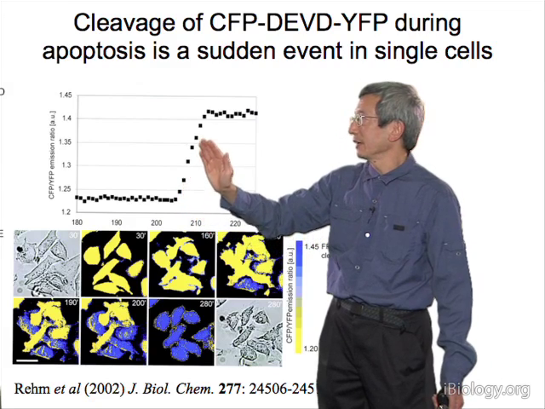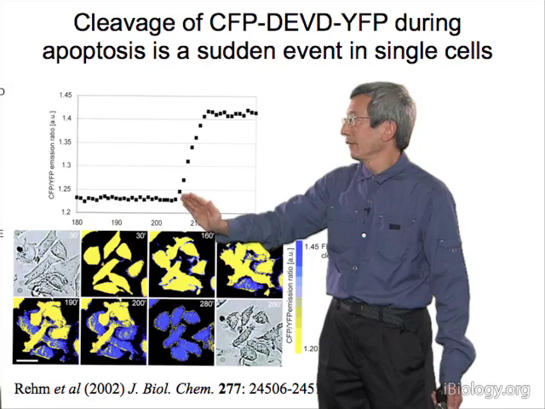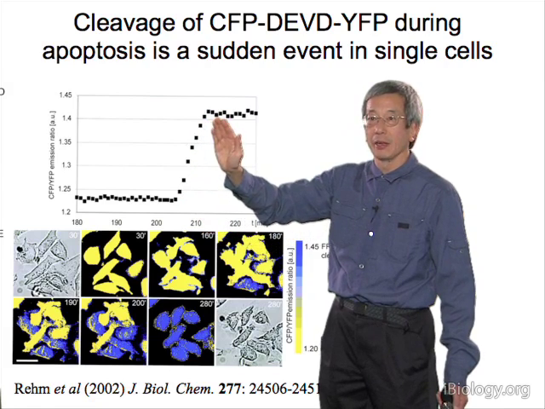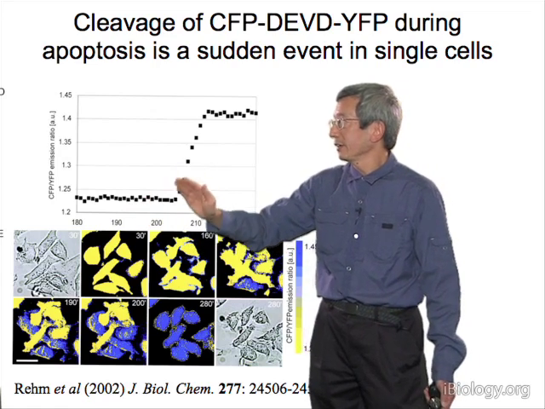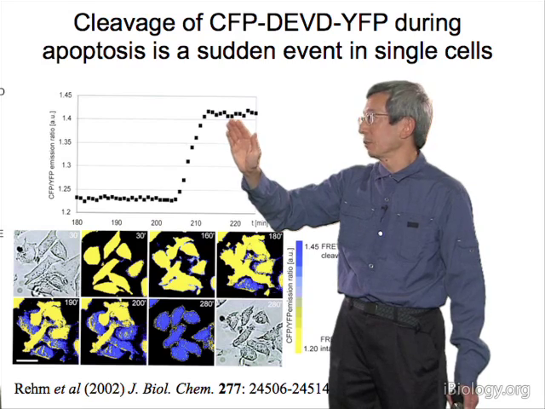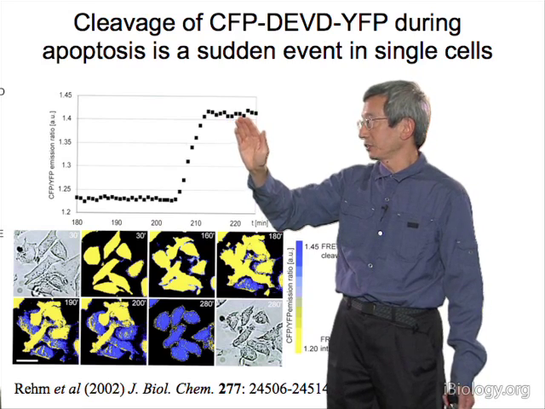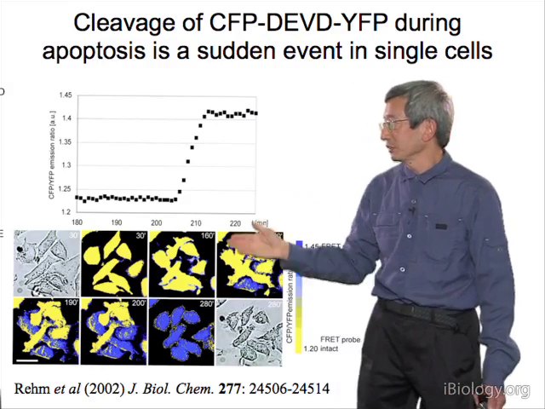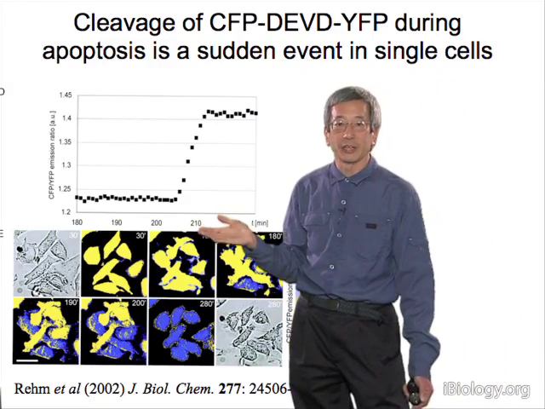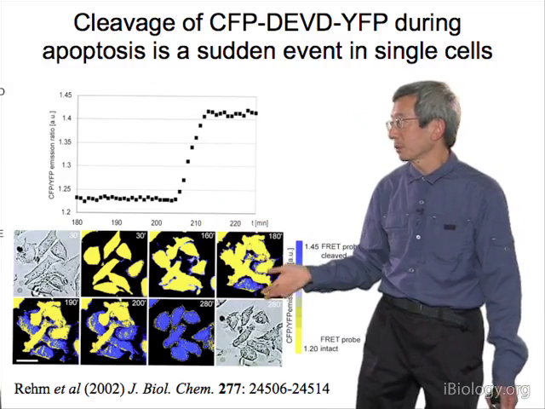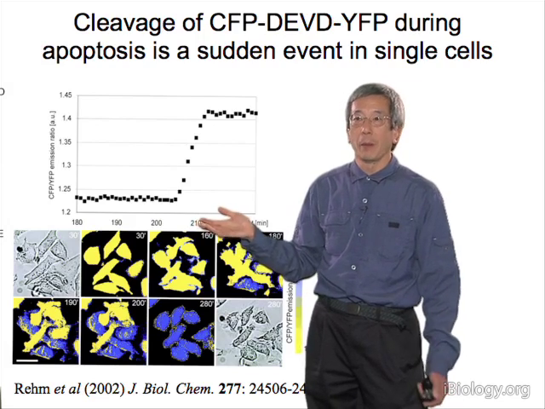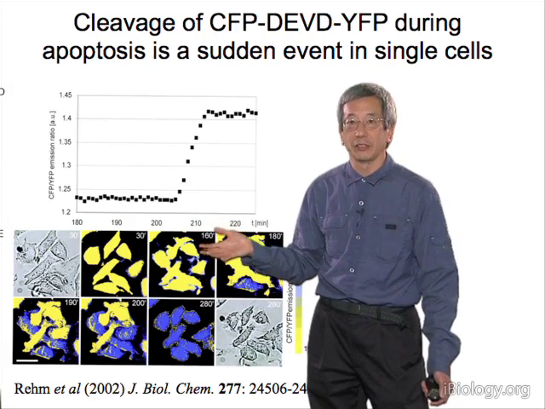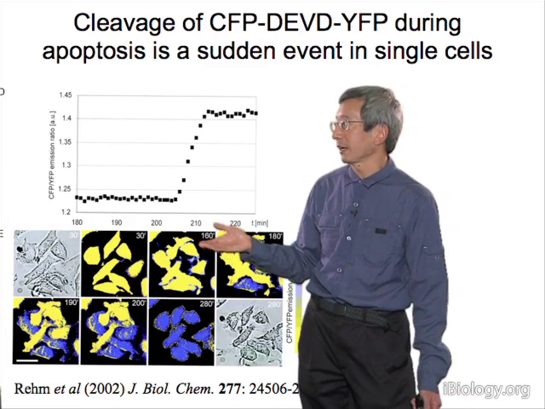And what's interesting is that in any one cell, the transition is very sharp. It only takes a few minutes to go from complete FRET to complete destruction of FRET and complete proteolysis of this molecule. And the reason that this is biologically important is that up to now, before these experiments, people mostly had to watch apoptosis as a population of millions of cells by the traditional biochemical techniques.